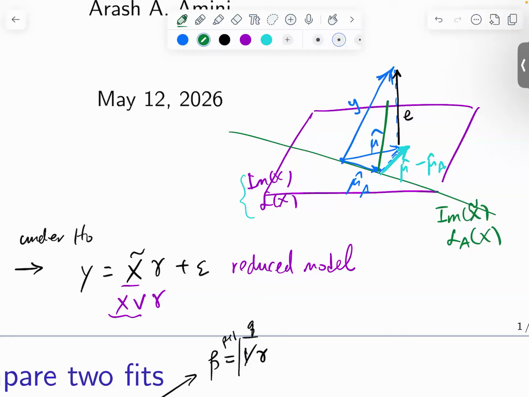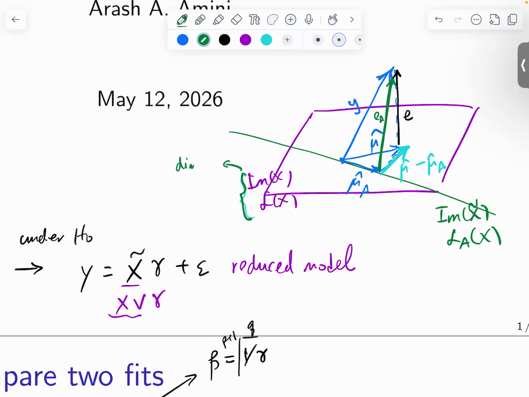And then you also have the residual vector of the original, sorry, the reduced model, which is this guy, E A. So mu hat A plus E A would give you Y. And then we can specify the dimension of the spaces in which these guys live. These would give you the degrees of freedom of the associated quadratic forms, or the sums of squares that you form. So for example, if you remember, what is the dimension of the image of x, or L of x?